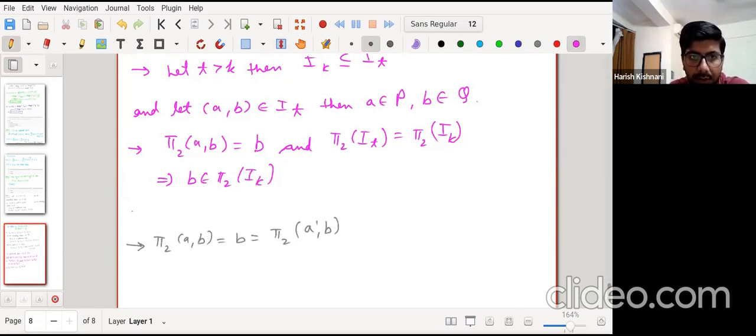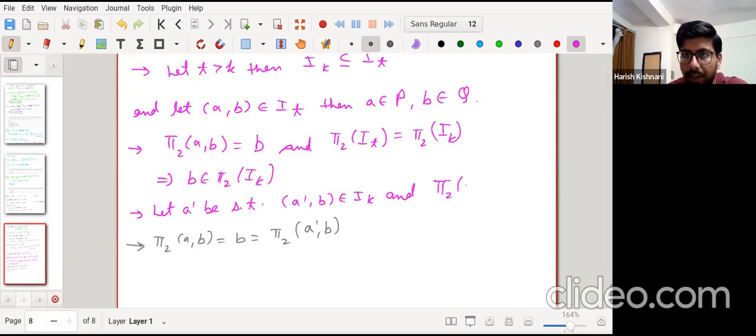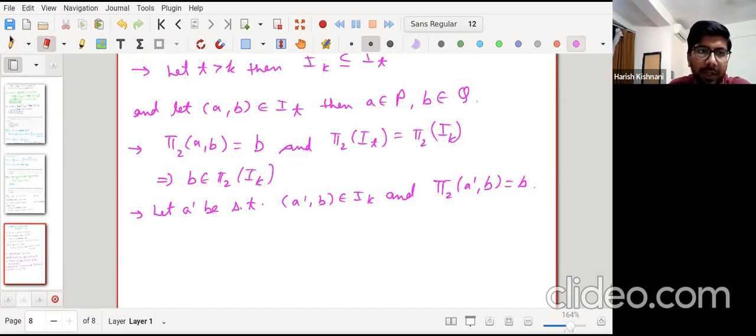Now let A dash be such that A dash B belongs to IK and pi 2 of A dash B is B, right? Why can I find this A dash? Because see, B belongs to the projection of IK.